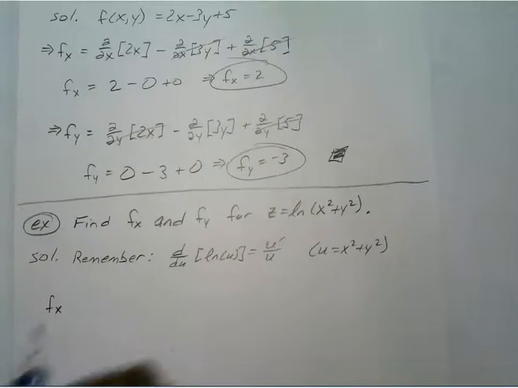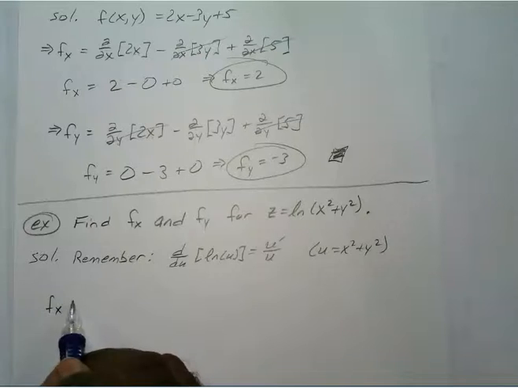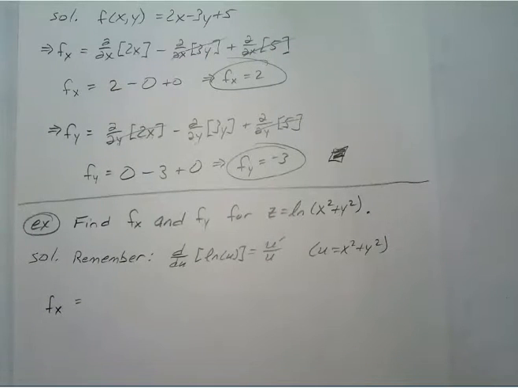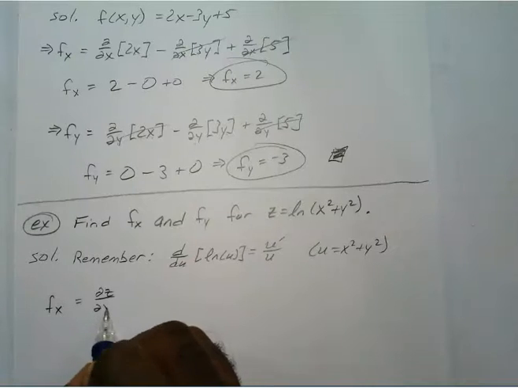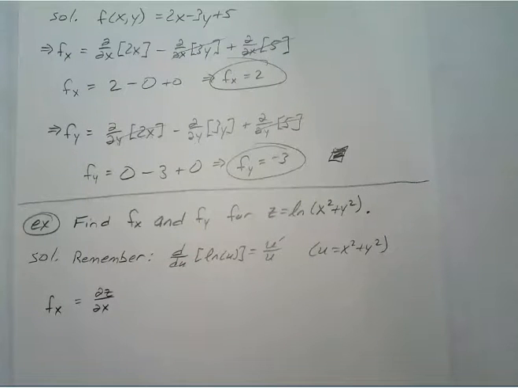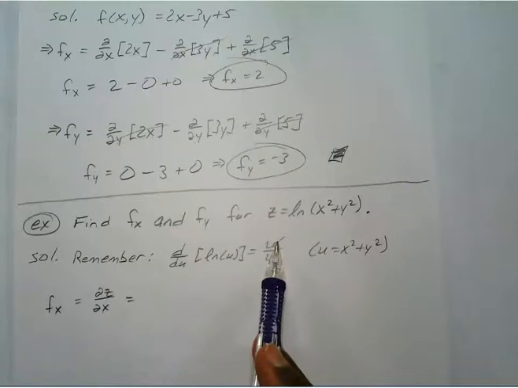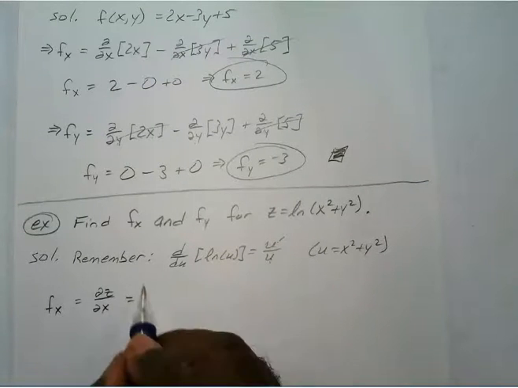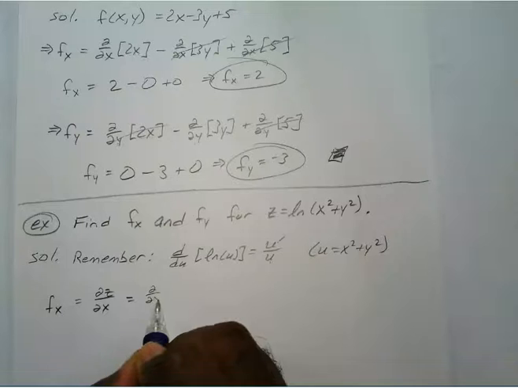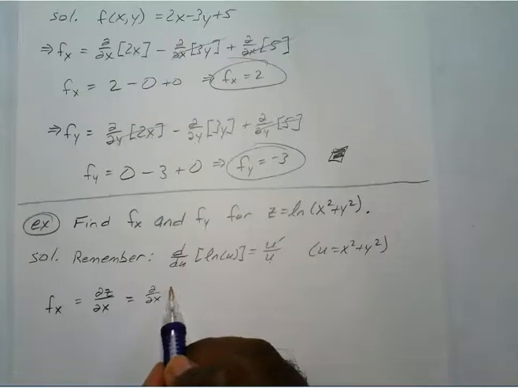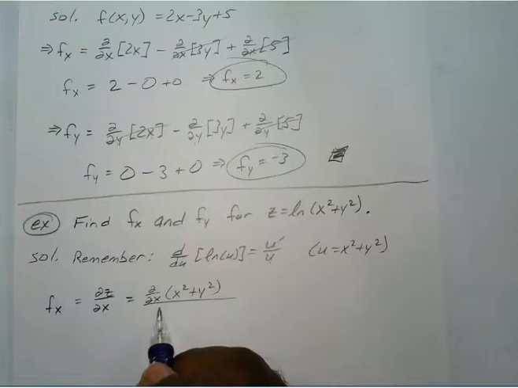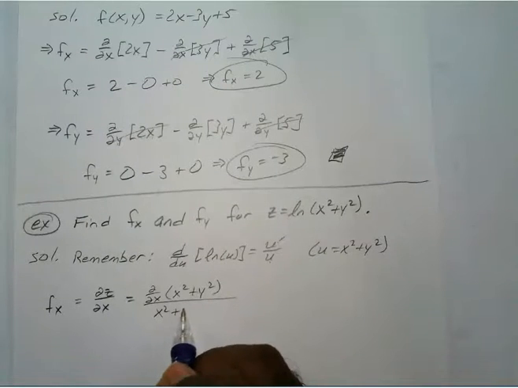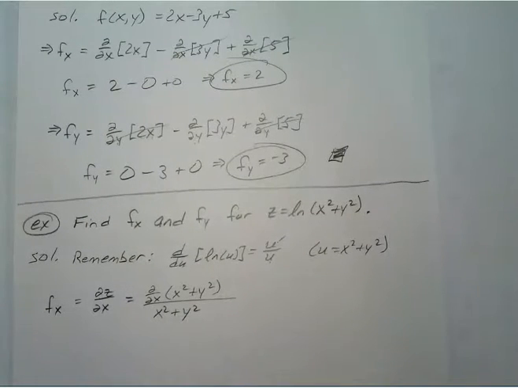Okay, so to find our partial with respect to x, that's the same as saying the partial of z with respect to x. So that's going to equal, remember, u prime over u, so that's the partial with respect to x of x squared plus y squared, all over x squared plus y squared.